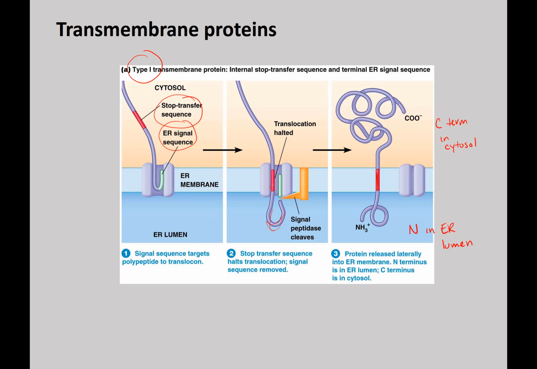And so it stops transporting, continues being synthesized, but that region of the protein will remain on the outside, and this region will remain on the inside. Signal peptide is cleaved off. This is actually moved out of the translocon and stays in the membrane.